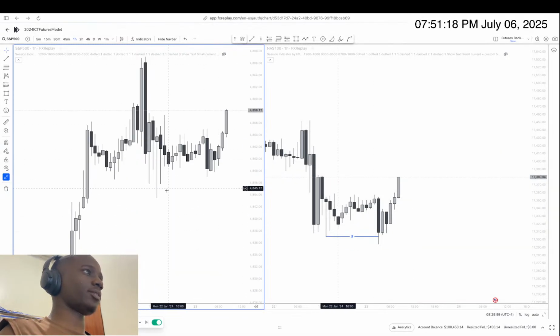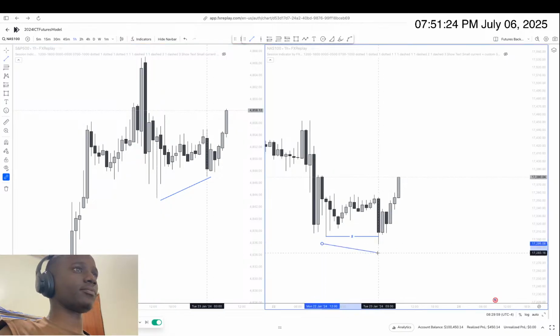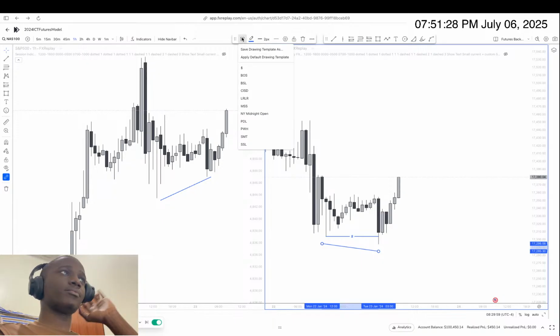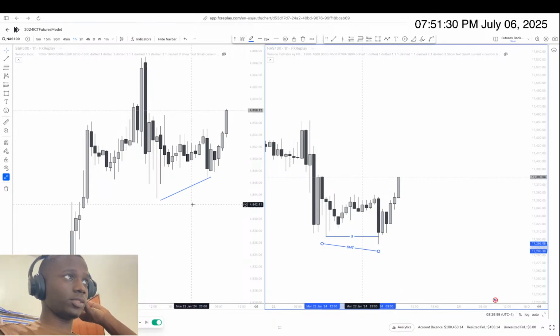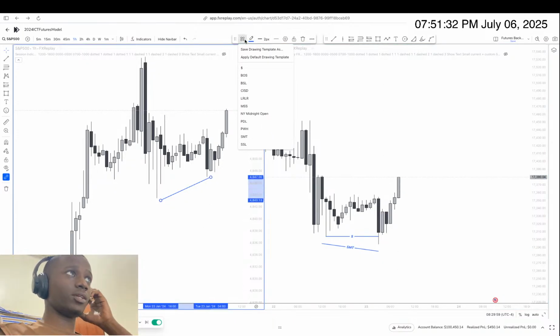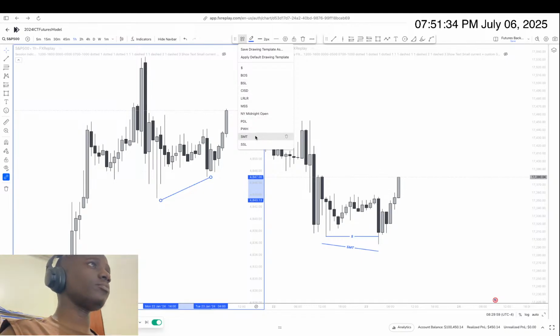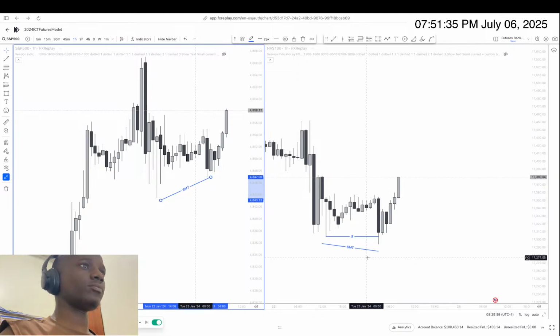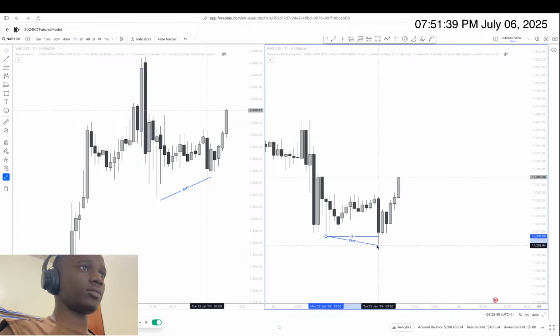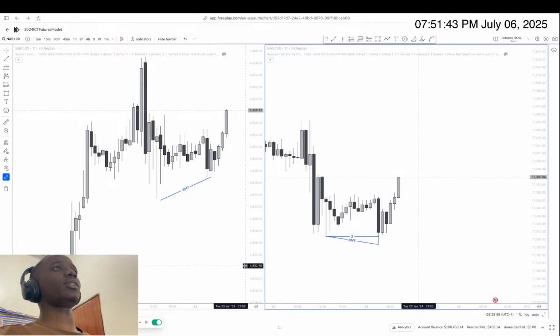You can see that we are having a crazy run. This is an SMT here. There's another one lying here as well. From this low here to here, while from here to here we didn't take out these lows.